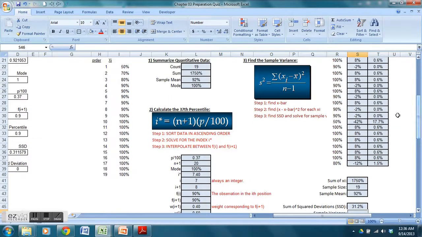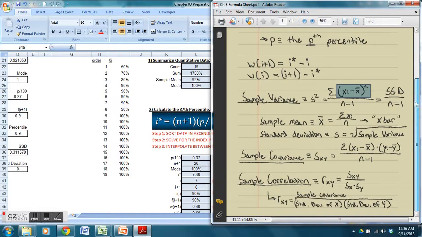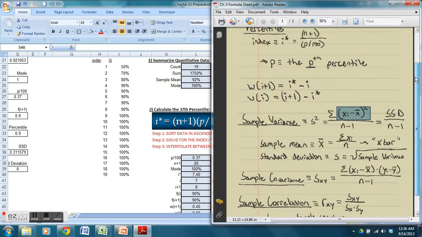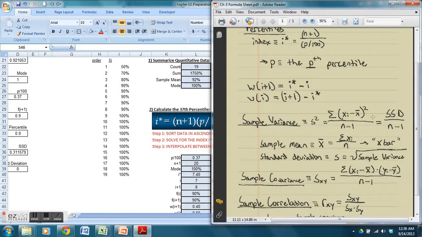And our sample variance, let's look at the formula. Sample variance is the sum of all these things right here divided by n minus 1. And maybe that formula is kind of confusing, so we'll look on our equation sheet. It looks like sample variance is the SSD divided by n minus 1 as well. That's right, because SSD represents this numerator.